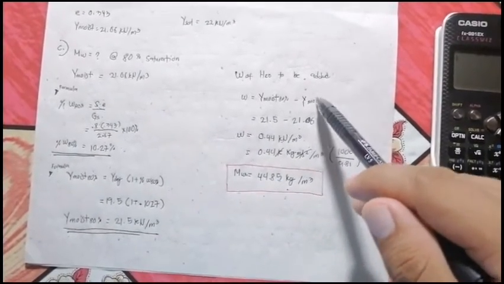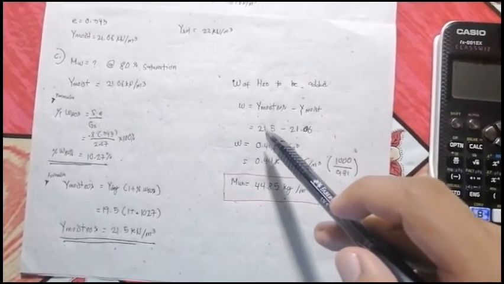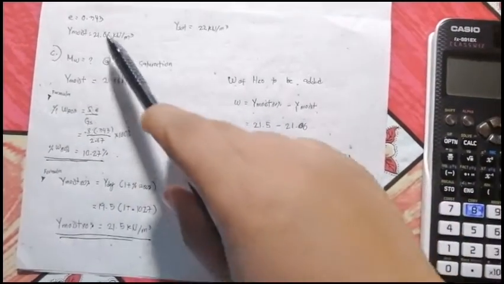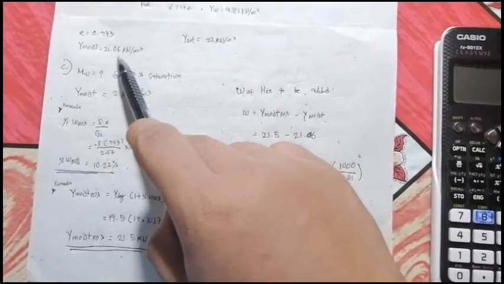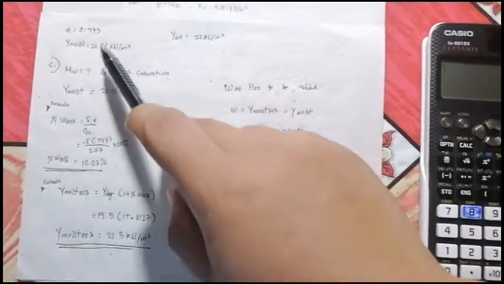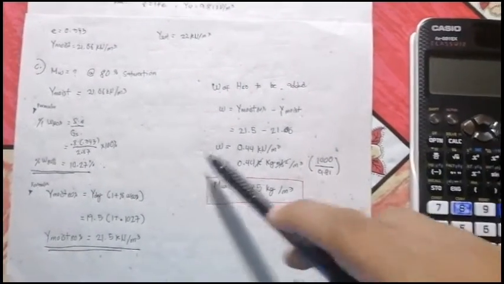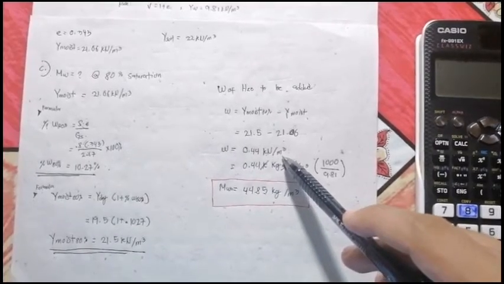Ito po ay 100% saturated. So, substitute lang 21.5. So, 21.5 minus yung unit weight ng moist natin kanina na nasa 100% saturation na 21.06. Yan, 21.06. Minus na siya, which is 0.44 kilonewton per cubic meter.